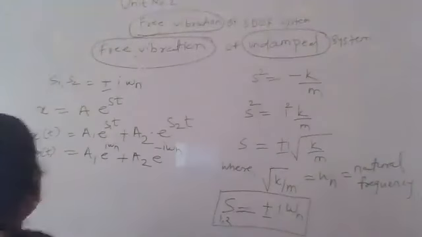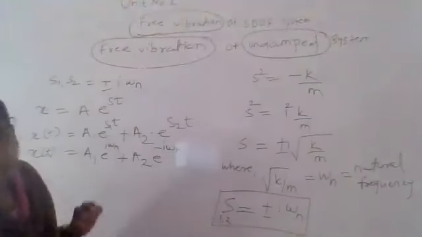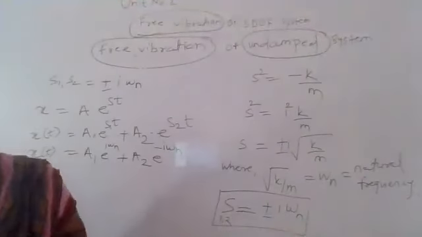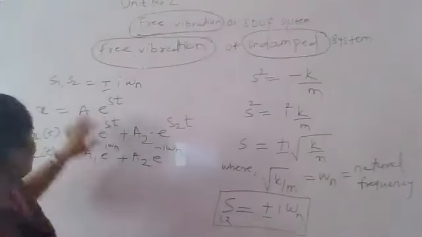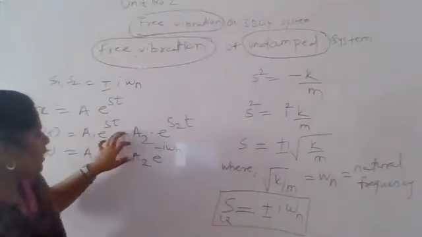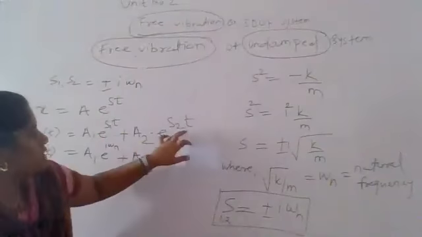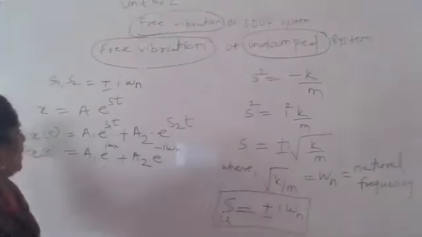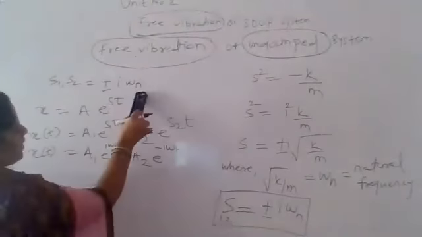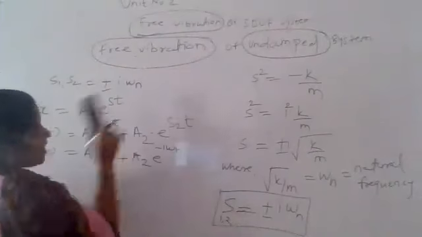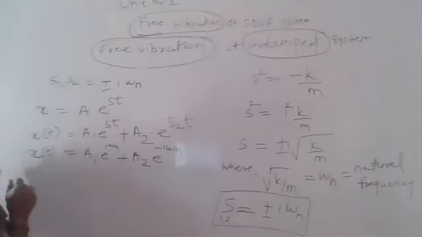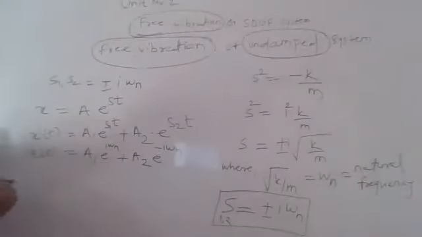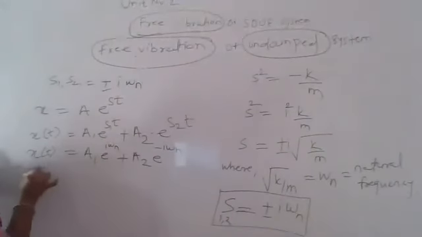Okay, all of you read this? S1 and S2 values are plus or minus I omega n, and from that A1 into e raised to s1 t plus A2 into e raised to s2 t, where s1 is plus I omega n and s2 is minus I omega n. Put these two values here, and based on this we already know the formula. What is the formula for e raised to plus or minus I alpha?